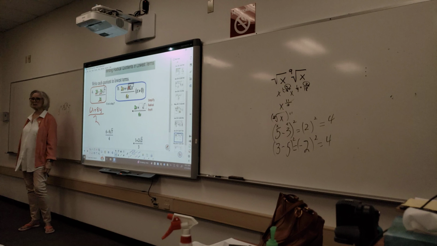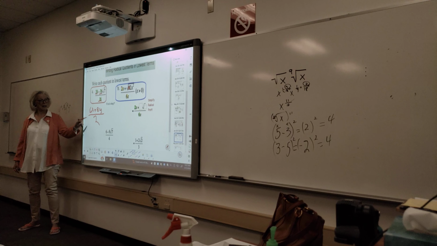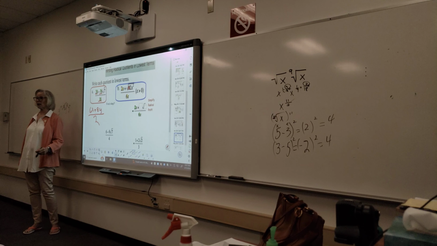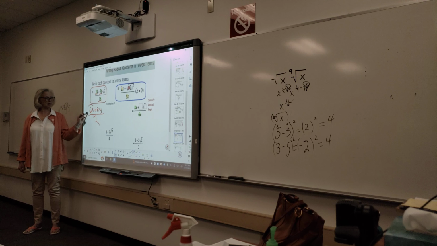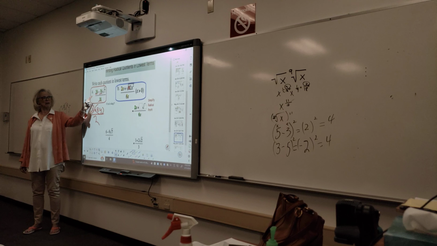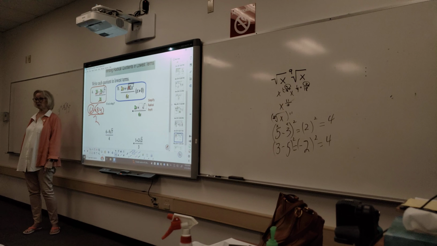Do you remember this? It was when we were dividing with exponents, and you had to divide the 2 into the first term, and then you did the 2 into the next term. You got to divide 2 into both of these pieces. You got to do the same thing with radicals. But if the number down below is outside of a radical, you can only reduce it with numbers outside of a radical up above.